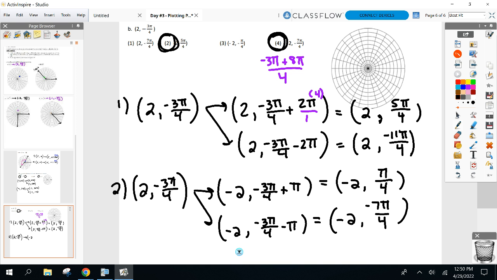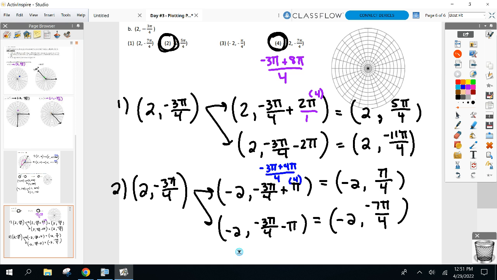All right, Molly. Can you go over? I got 7 pi and then negative 4 pi, like my sign. Okay, so this one here, this would have been negative 3 pi plus 4 pi. Right here. That's what I would get here because you multiply this by 4. I thought it was, you don't do 3 pi over 4 minus.